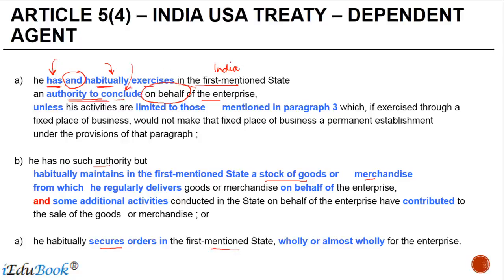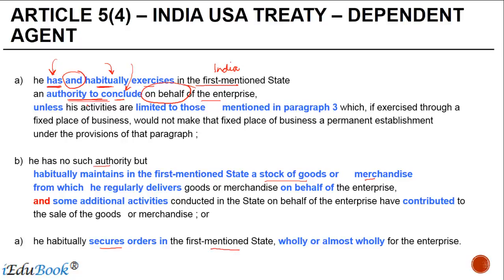Now, this does not say negotiate and conclude, or negotiate or conclude, right? Which means even if some bit of negotiation is done, unless the conclusion happens, it will not be treated as a PE. But you need to find out a thin line between these two.